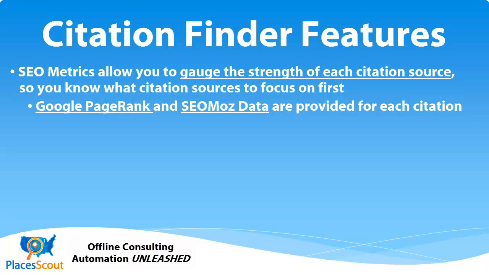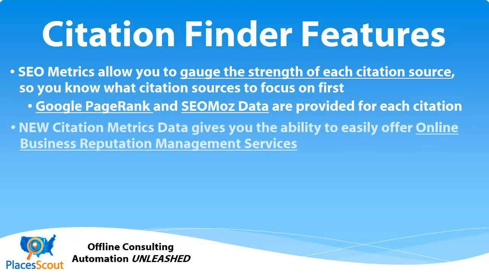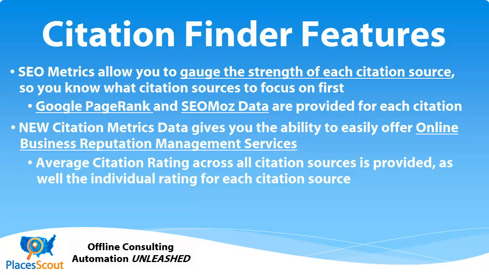Next, and probably one of the most powerful features of Places Scout Citation Finder, is the new citation metrics data that is provided in the individual view. This data is going to allow you to easily offer online business reputation management services. Basically, it provides average citation ratings across all the citation sources found for the business, and it also gives you the individual rating of each citation source.